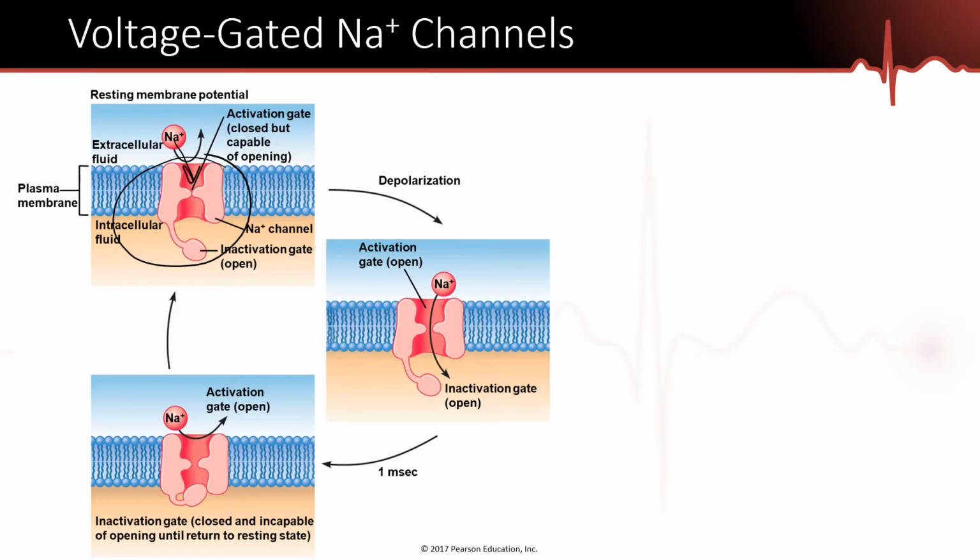But look at what specifically is closed. What's closed on the voltage-gated sodium channels are what's called their activation gates. I've told you that the voltage-gated sodium channels are shut at negative 70, but I haven't told you what specifically is closed. And what specifically is closed on them is this activation gate.